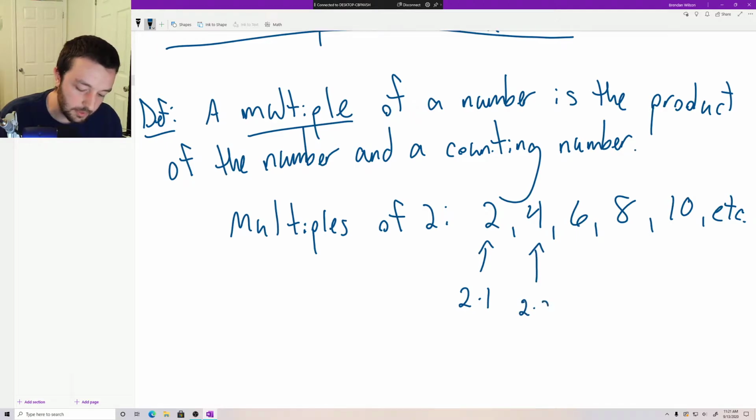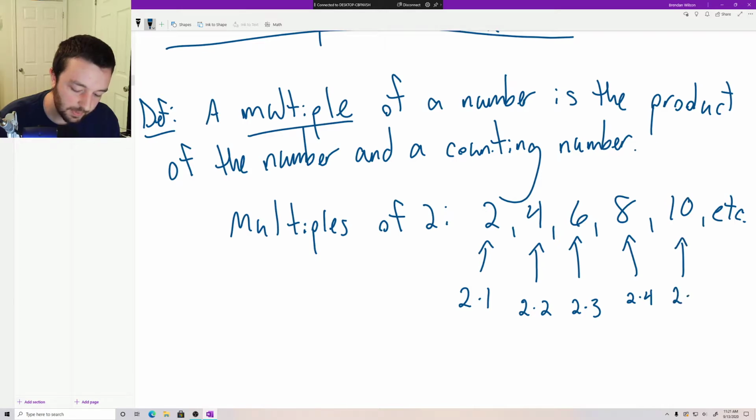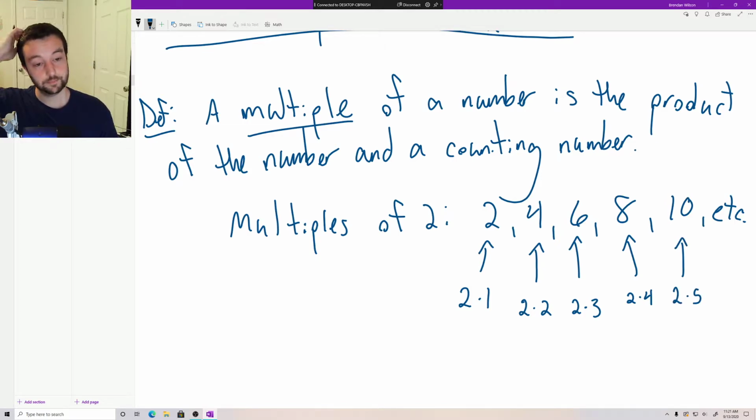This number is 2 times 2. This number is 2 times 3. This one is 2 times 4, 2 times 5, etc.